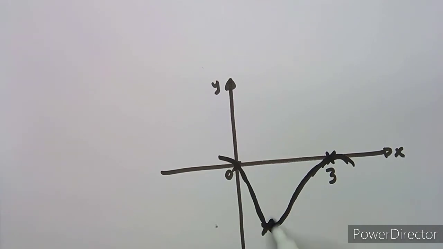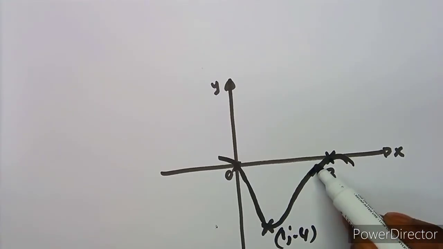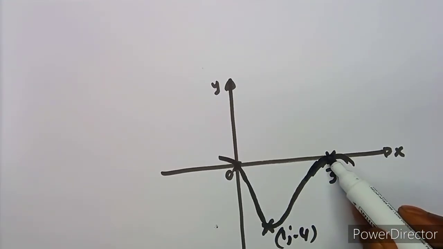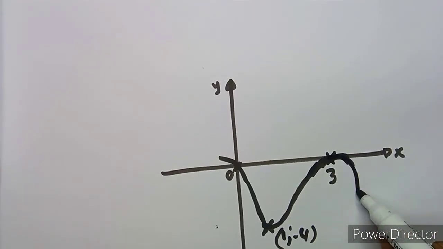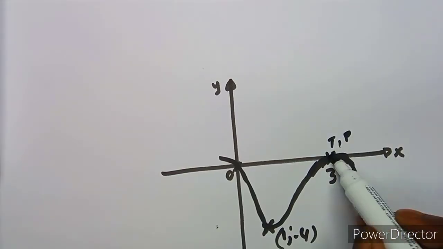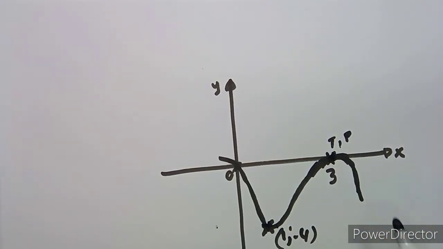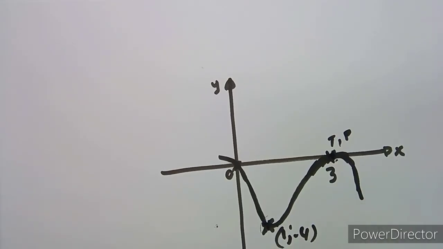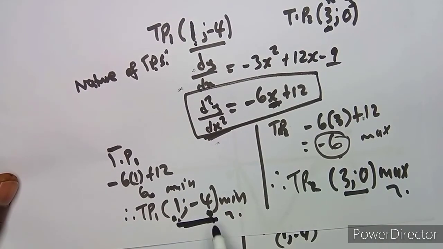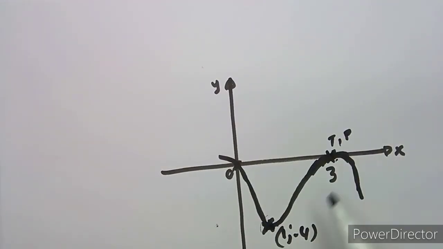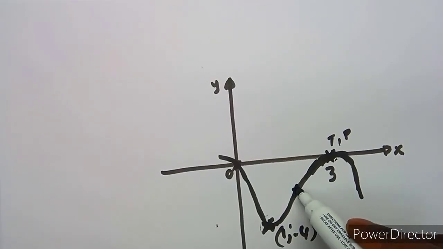This is our turning point at (1, -4), and this is another turning point, a clear turning point. Also, it's the x-intercept. As we can see from the graph, this is a minimum and this is our maximum. So that's what we had. And also the point of inflection, remember, it was (2, -2).